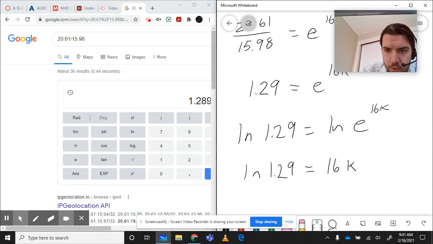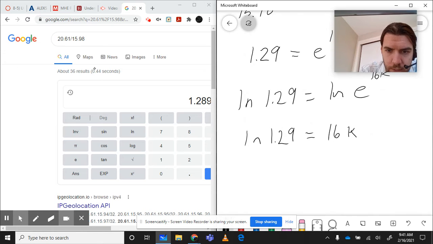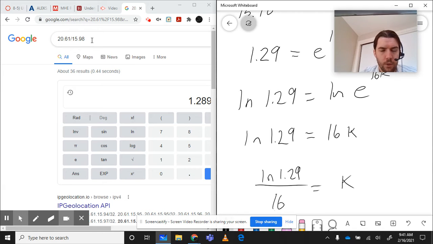And then to solve for k, we're just going to divide by 16 on both sides. So natural log of that value divided by 16 should be my growth factor. Okay, so let's do that.